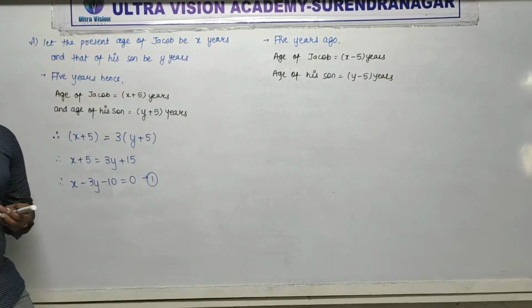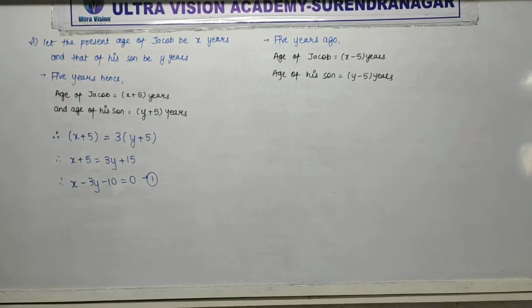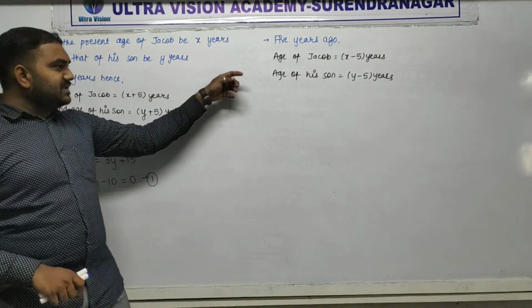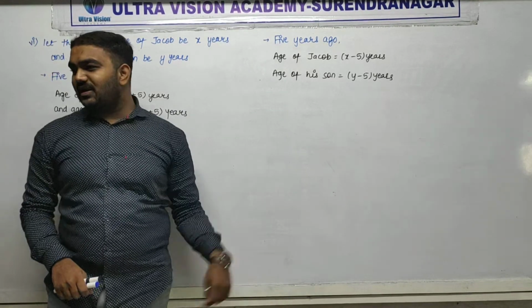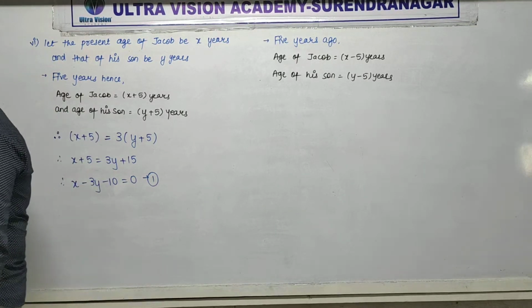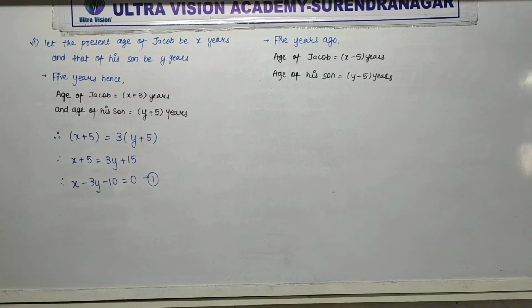Now, at this moment, Jacob was, not is, because we are talking about 5 years ago. 5 વર્ષ પહેલા જેકબ છે ને એના છોકરાની એજ કરતા 7 ગણો મોટો, 7 times older. The age of Jacob or Jacob's age was 7 times that of his son.